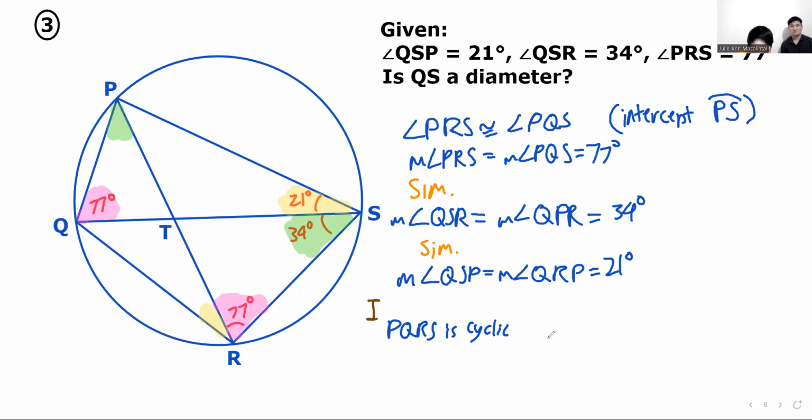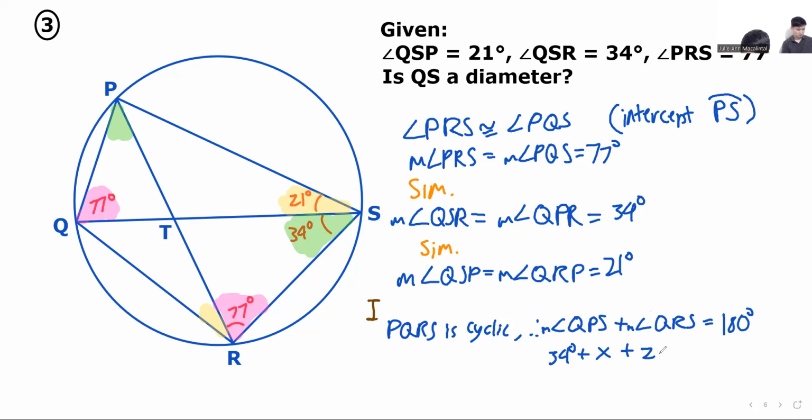Therefore angle QPS plus angle QRS is equal to 180. So QPS is 34 plus the missing angle plus 21, plus 77 is equal to 180.